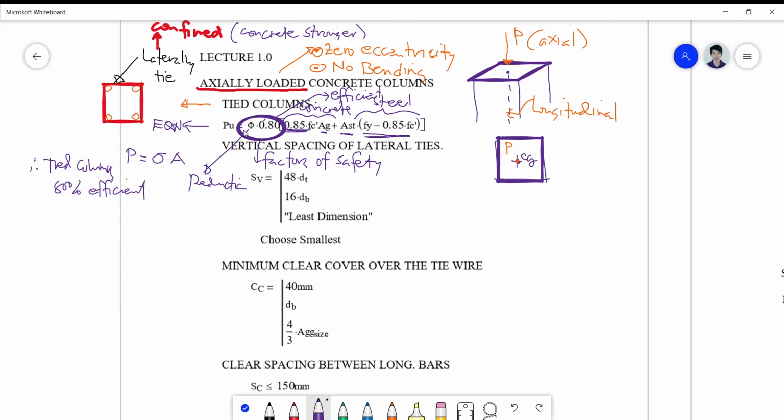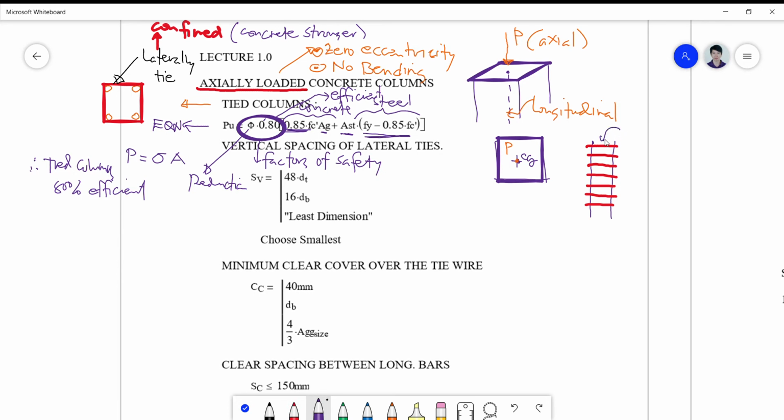For the vertical spacing of the lateral ties, if these are your ties here, let me draw now my column reinforcement. My lateral ties are spaced in such a manner that it will give enough confinement on the concrete poured into it.